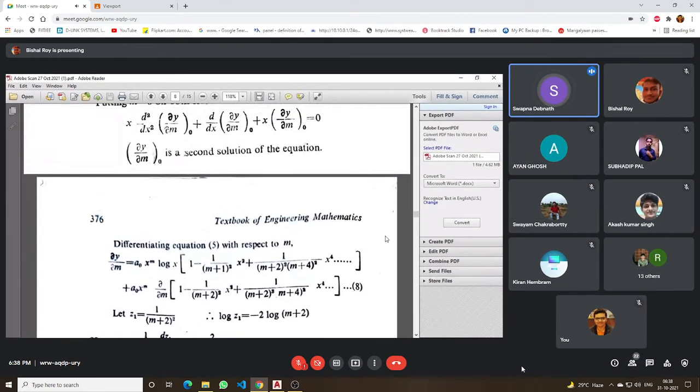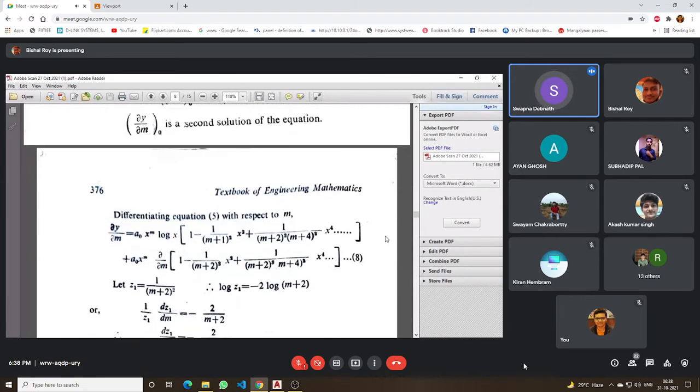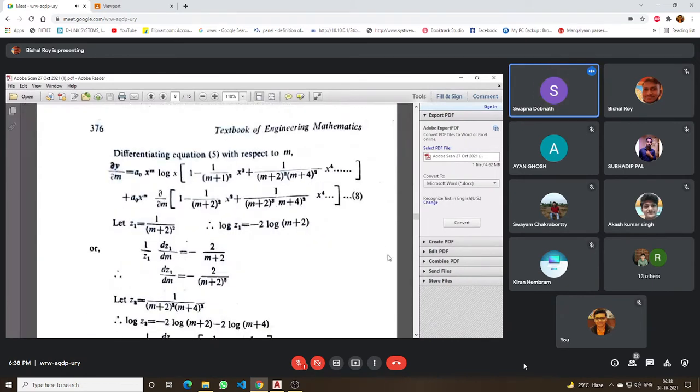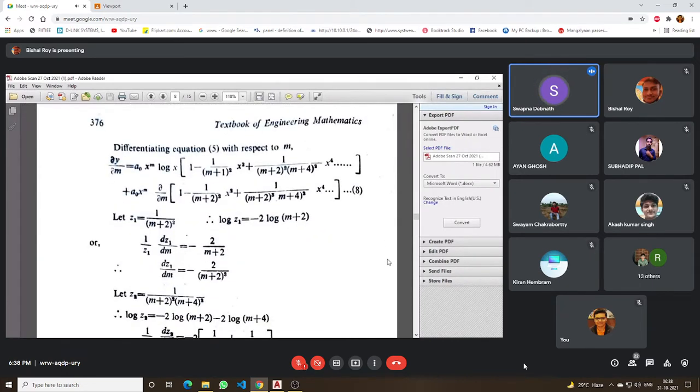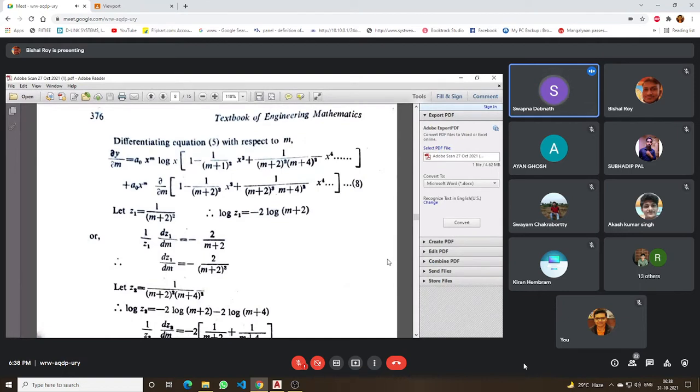That is a long calculation. If it is very long and becomes very difficult, what will you do? You will do at least up to y, because these are the steps.